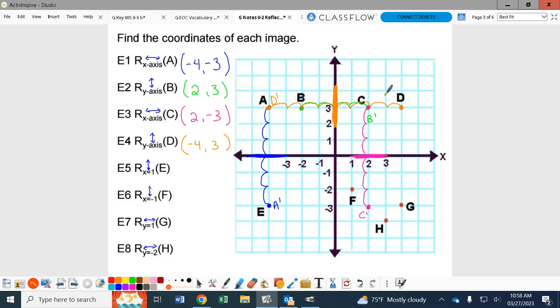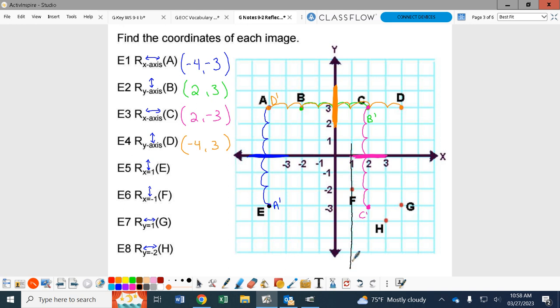Okay, guys. Now, I'm going to switch to the next one in solid black. I'm going to be reflecting across a line instead of an axis. So this takes more thought. I'm starting here at point E. I'm reflecting across a vertical line at 1, a line that goes vertically at 1.